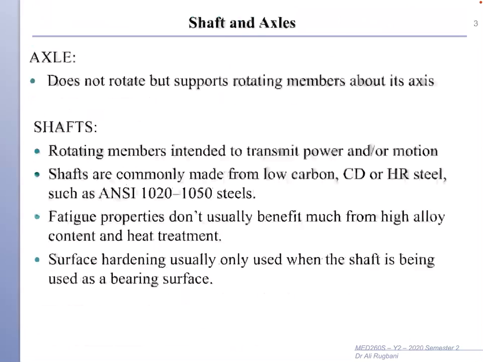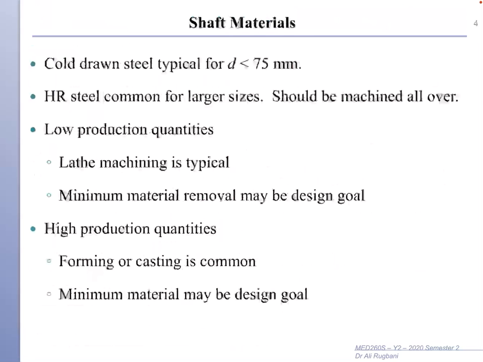If you need to use the shaft as a bearing surface, then surface hardening is important to reduce friction and to improve surface properties. Again, cold drawn steel is typically used for smaller diameters, and for larger shafts we use hot rolled that can be machined all over.